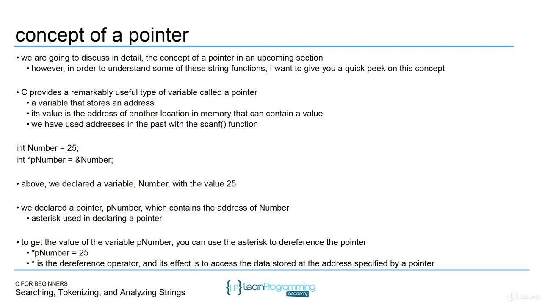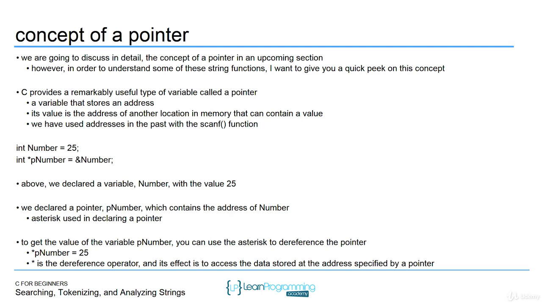To get the value of the variable pNumber, because pNumber is what? It's a pointer. It's pointing to an address in memory. If you just try to look at the value of pNumber, it's going to give you the address. If you want to get the value of what the address is pointing to, you have to dereference it. So there's special syntax that C uses, the asterisk in front of the name of the variable.